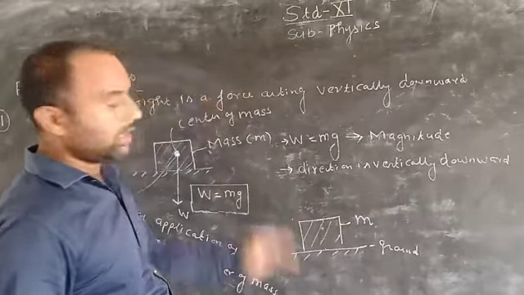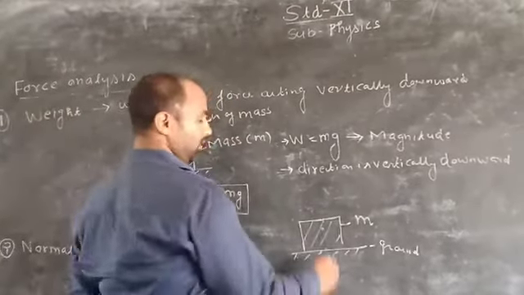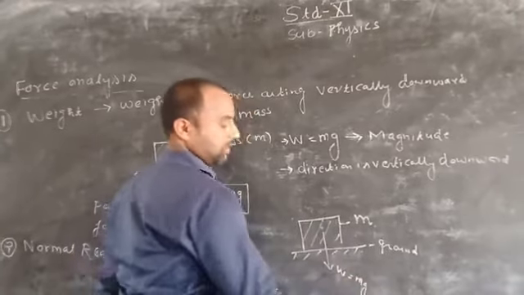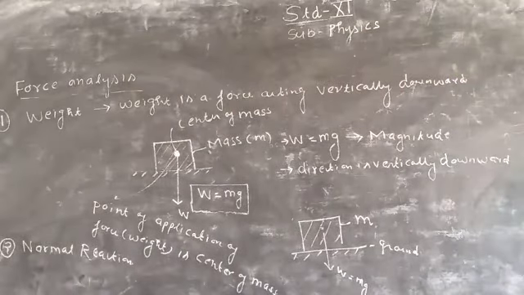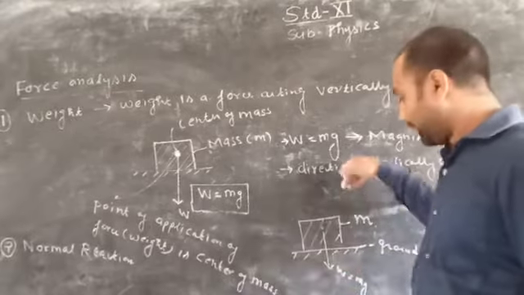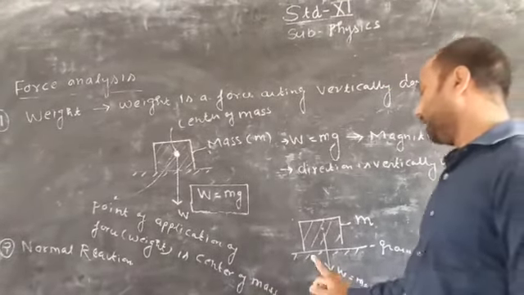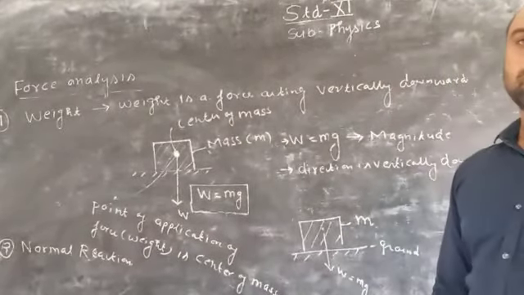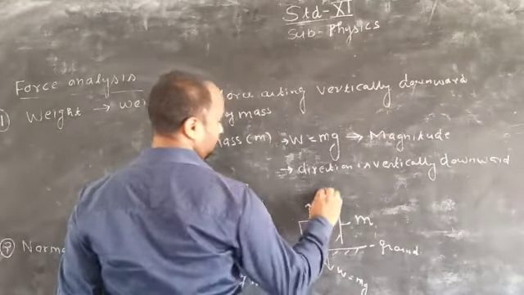Weight is acting vertically downward and this block compresses the ground with a force of weight, that is mg. Here Newton says that for every action there is an equal and opposite reaction. It means this block compresses the ground, and the ground acts with a vertically upward force, that is called normal reaction.